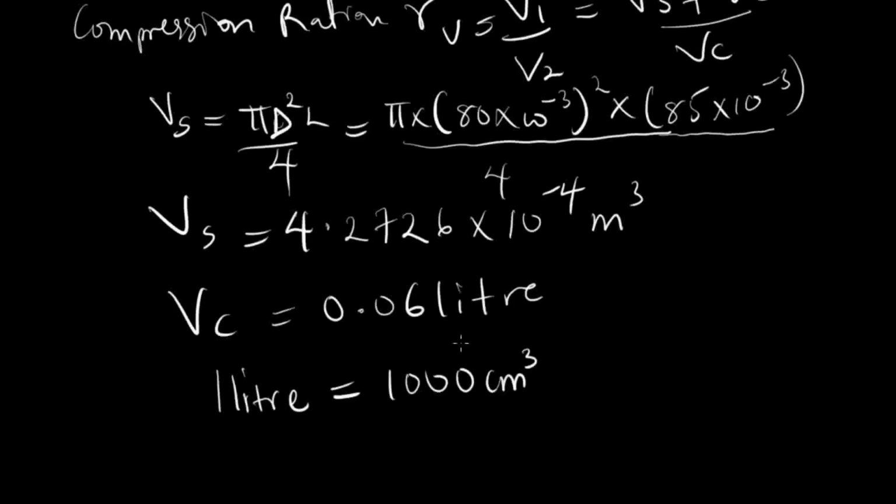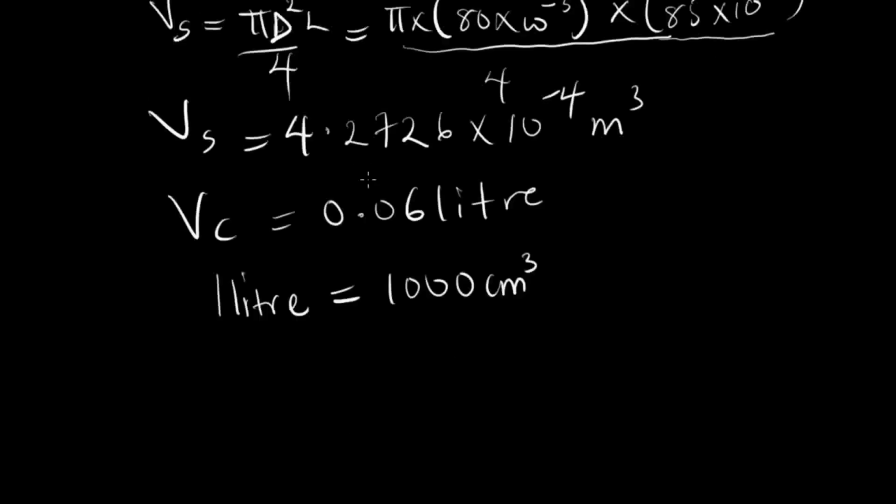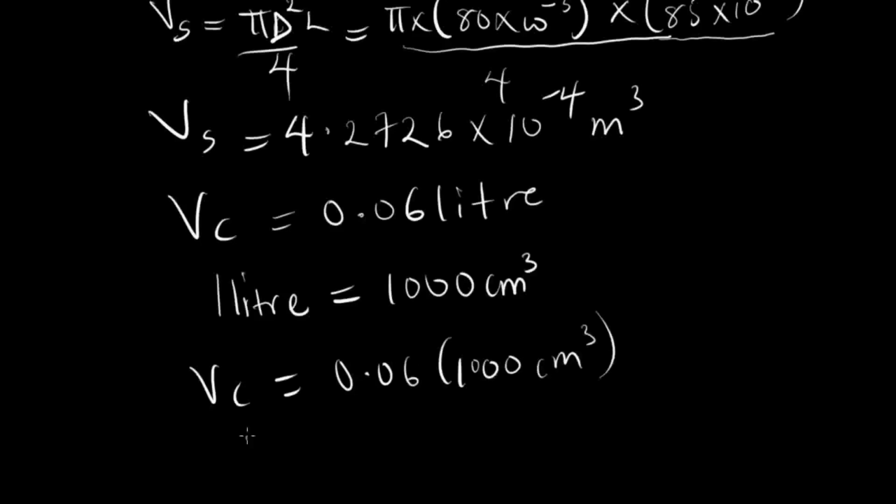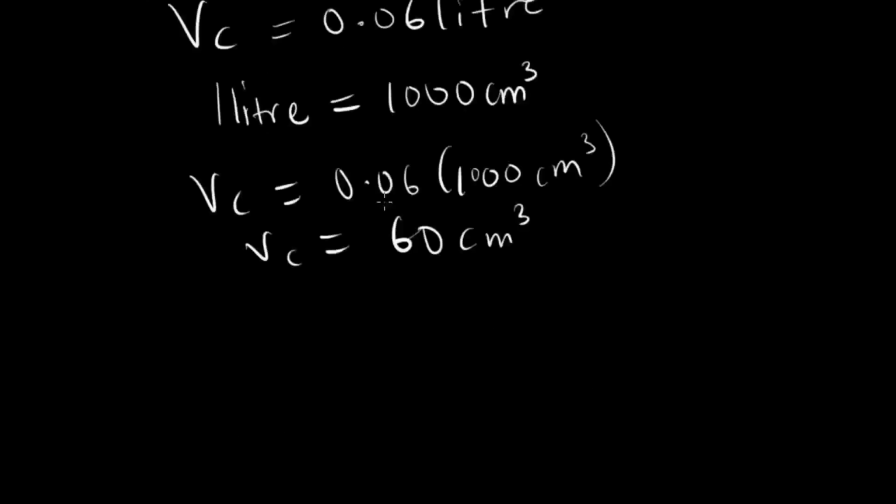So Vc is 0.06 times 1000 cm cube. So Vc now is 60 cm cube, but that doesn't end here, it's still in cm cube.